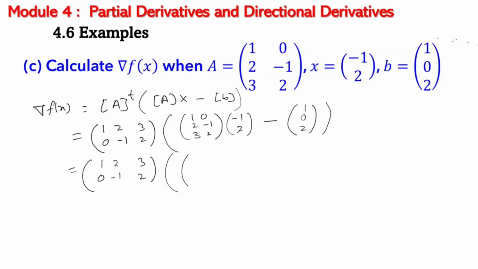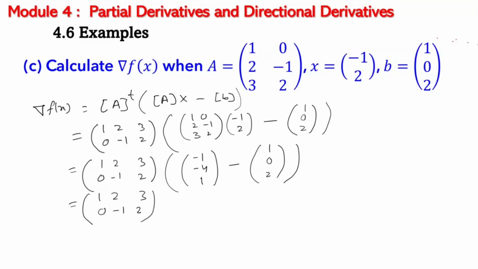So this is equal to 1, 2, 3, 0, minus 1, 2 and then we simplify it. This is minus 1, this is minus 2, so minus 4. It's minus 3 plus 4, which is 1. Minus 1, 0, 2. So this is 1, 2, 3, 0, minus 1, 2, and then simplifying, this becomes minus 2, minus 4, minus 1.